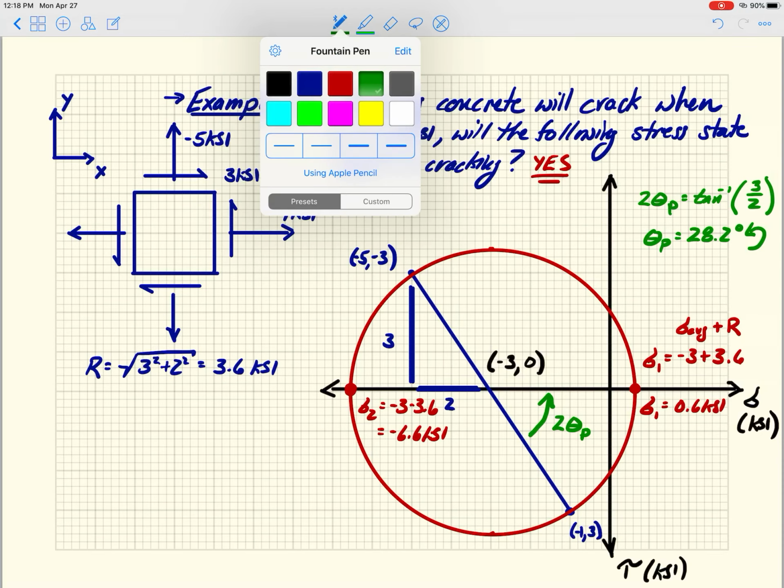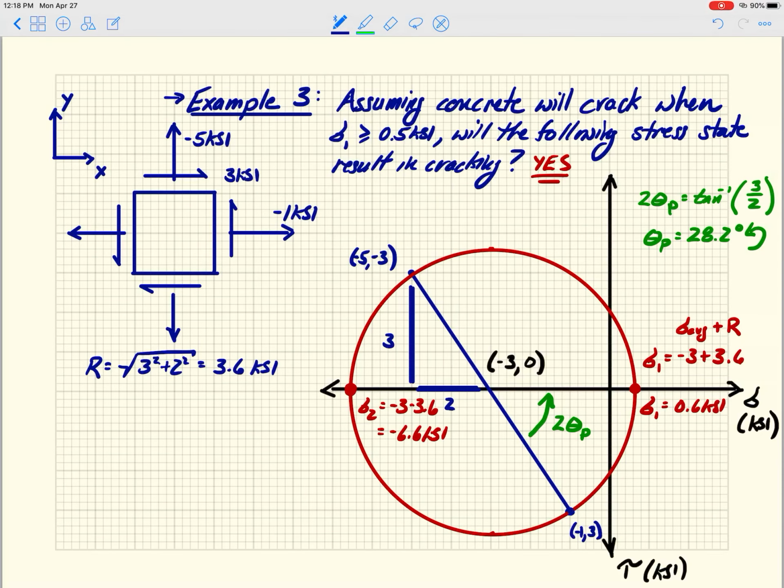Basically what I'm doing is taking these points here and rotating them counterclockwise. So this point moves to sigma 1. That's what's happening here.